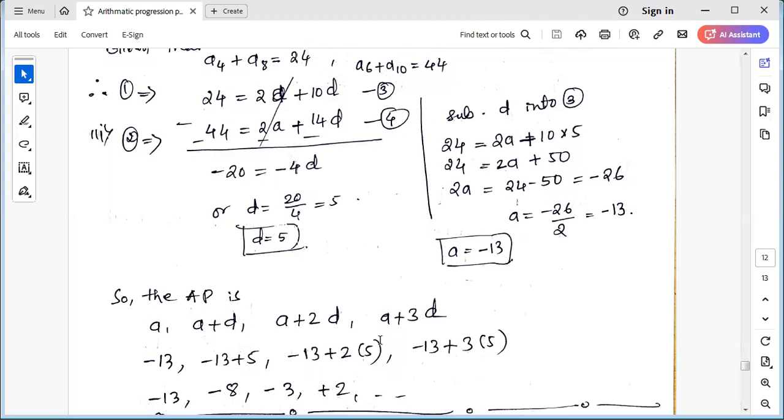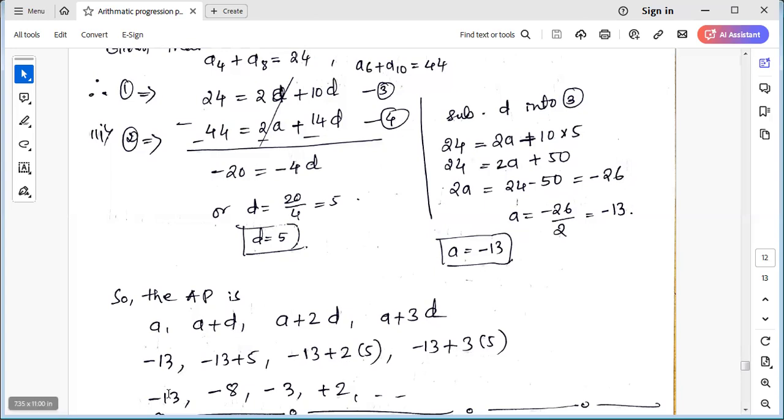So the terms of the AP are A, comma, A plus D, comma, A plus 2D, comma, A plus 3D, and so on. So we have to write some starting 3 to 4 terms. So A value is minus 13, and minus 13 plus 5, the value of D is 5. Similarly, minus 13 plus 2 into 5, minus 13 plus 3 into 5.